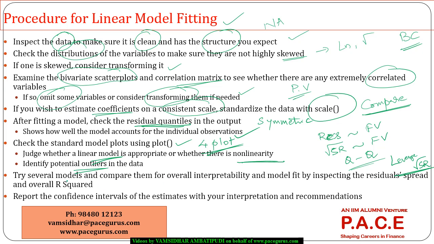So try different kinds of models, compare them, do the model fitting, look at the residuals, check the overall R squared, check the residual standard error, and based on them choose the model which fits the data more appropriately. And once the model is fitted, you can report the confidence intervals of the estimate along with the coefficient, and make your recommendations and interpretations accordingly.